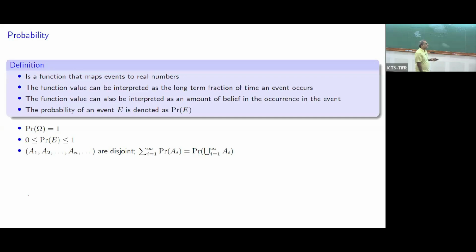So what it says is that if you are looking at events, and suppose you look at disjoint events, which are just disjoint sets. So what are disjoint sets? If you take two sets and if they don't have an intersection, they are disjoint. So suppose you have this sample space, and suppose you have disjoint sets like this.